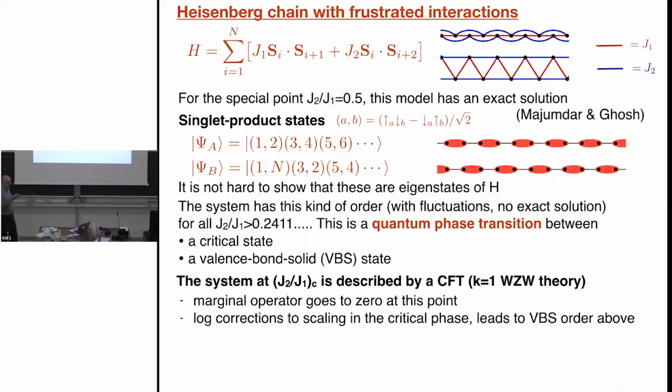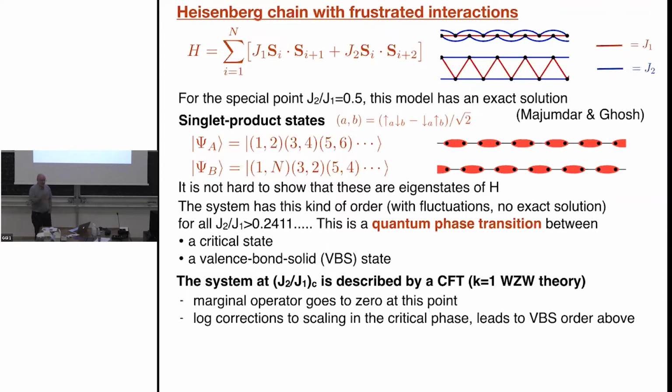The reason that before that we saw this log correction is because this Heisenberg chain contains an operator that is marginal in the CFT, and it's marginally irrelevant for smaller than this ratio, so that causes the log correction, and it's marginally relevant in this phase, and that's what causes the symmetry breaking on that side.